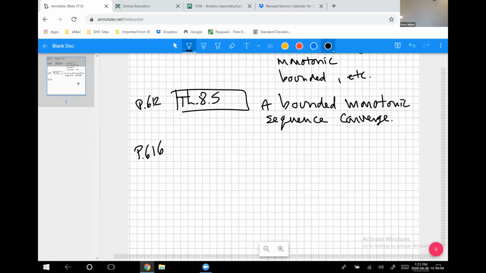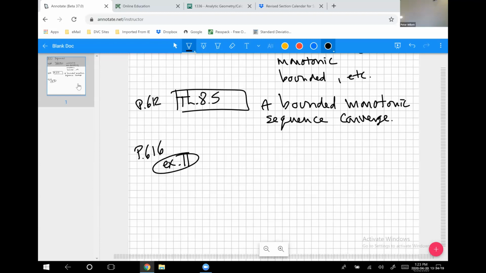So how about number 11? This is in the exercise set for the section, as an example of the kind of things they want you to be able to do. It says, find the limit of the following sequences or determine that the limit does not exist.